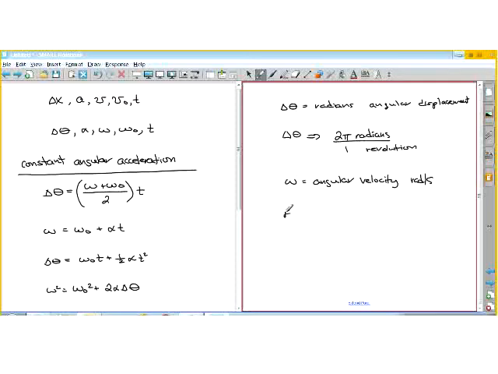Sometimes I might give you an answer in revolutions per minute. You're very rarely given in the real world the speed in radians per second, but you are given in revolutions per minute. So to convert revolutions per minute to radians per second, you would take, as an example, let's say you're given 20 revolutions per minute.